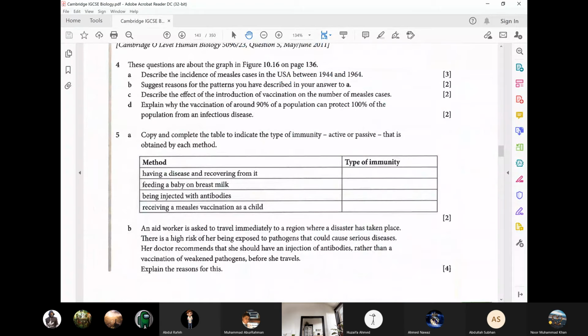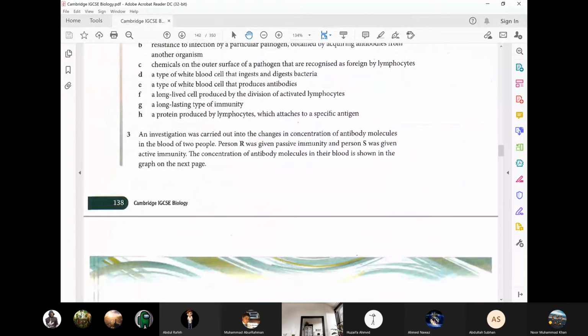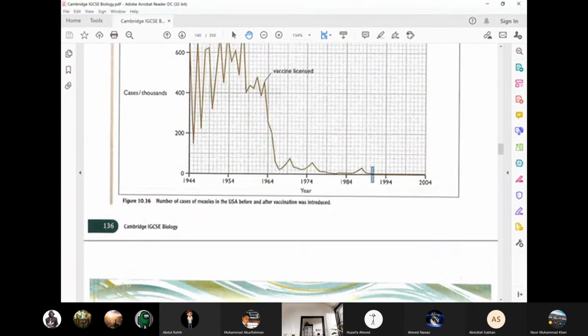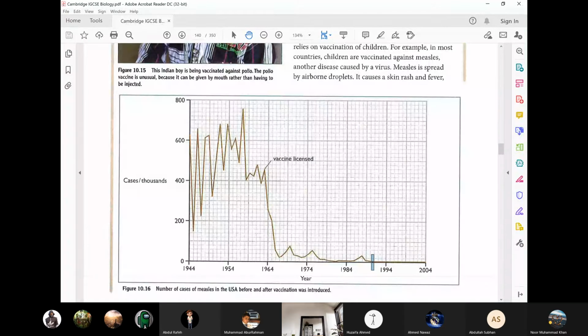Now, question A: describe the incidence of measles cases in the USA between 1944 and 1964. Now, boys, I have taught you one thing. Whenever the word describe is written, you write down whatever you observe. From 1944 up till 1964, you have to tell about the cases of measles. So you will tell that in 1944, the cases were about 600,000, right?